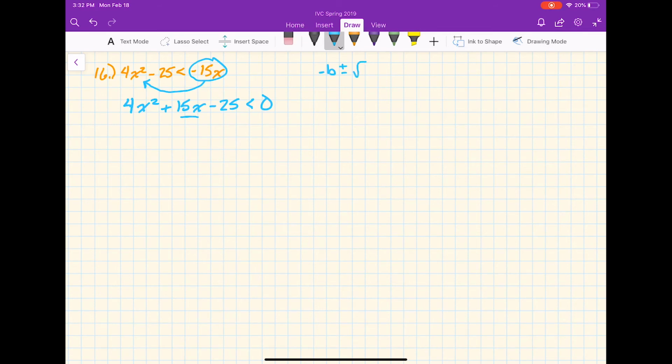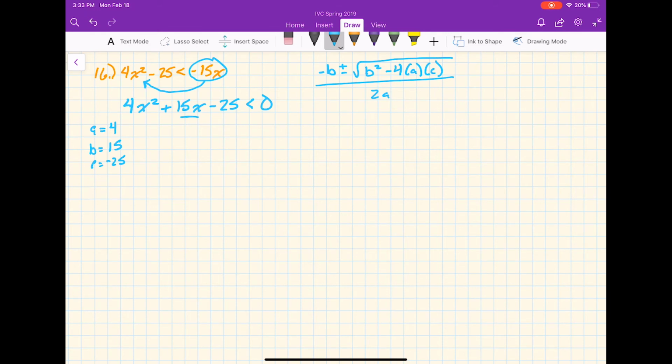All right, so we have our quadratic formula, minus b plus or minus the square root of b squared, minus 4 times quantity a times c, all over 2a. And the reason I moved all this stuff around again was to make it easier to see what my a, b, and c are. My a in this case is 4, my b is 15, and my c is negative 25.